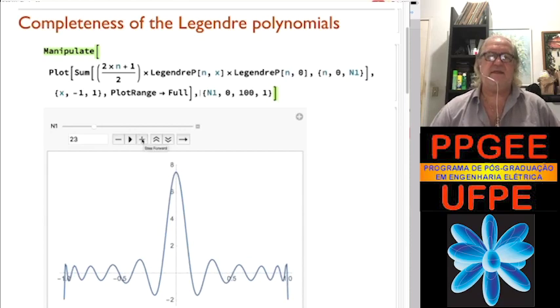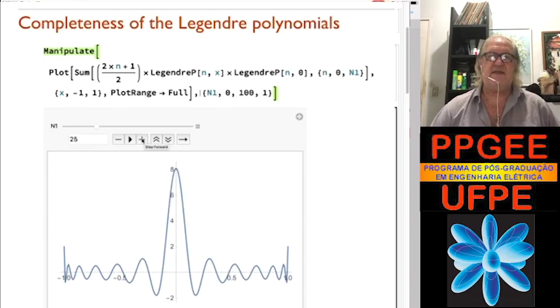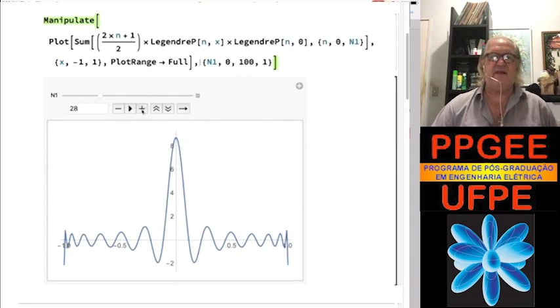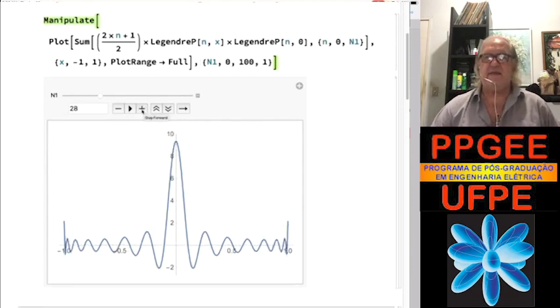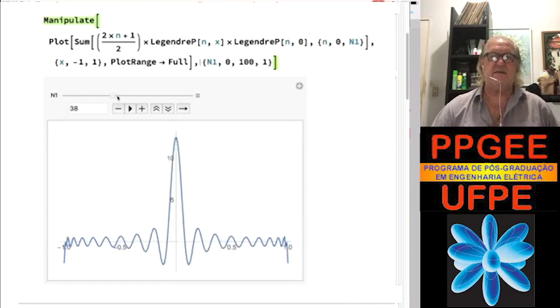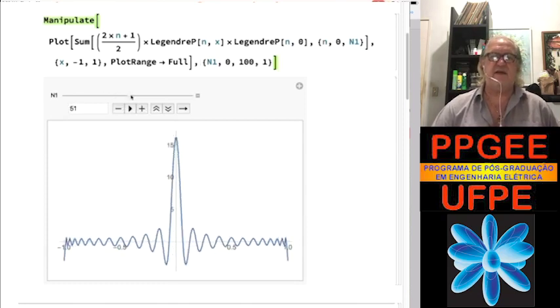You see, it's taking some time to calculate. You see that as I add more and more terms, we start to have a resembling peaked function at x equals 0. It means x prime equals 0, right? It takes a lot of terms until we can see it. I'm going to increase a little bit faster.